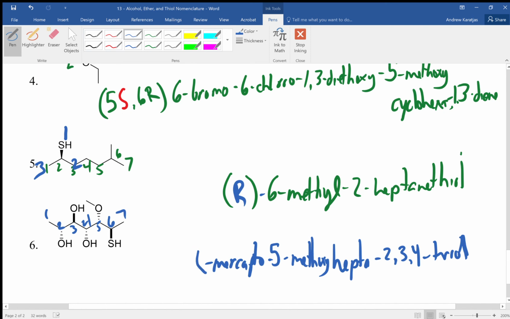The biggest challenge left on this one is there's actually 5 chiral centers in a 7 carbon chain, and so we would need to go through each one of these.